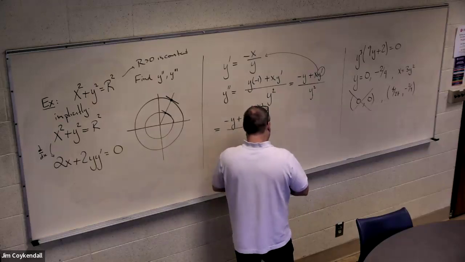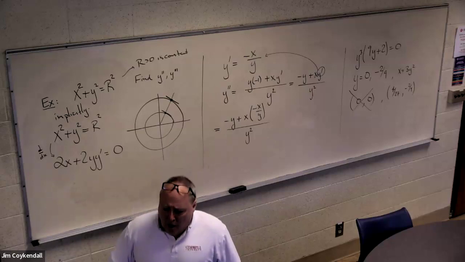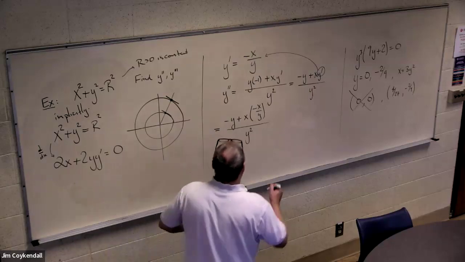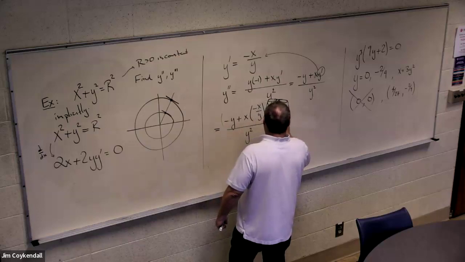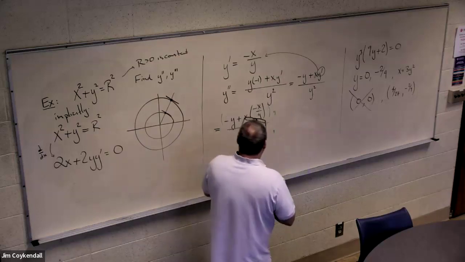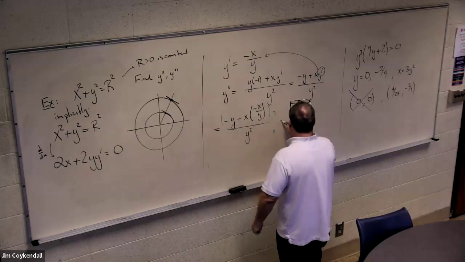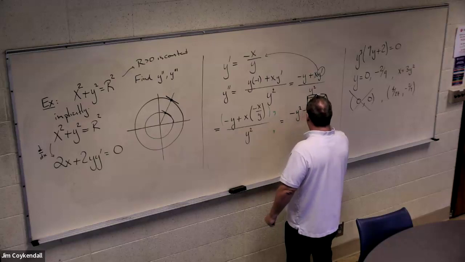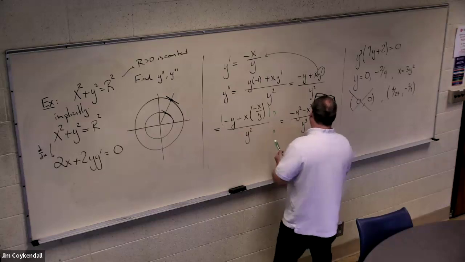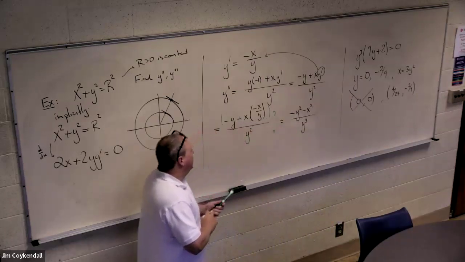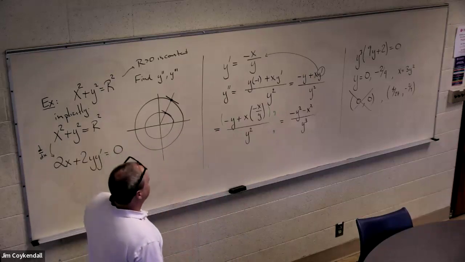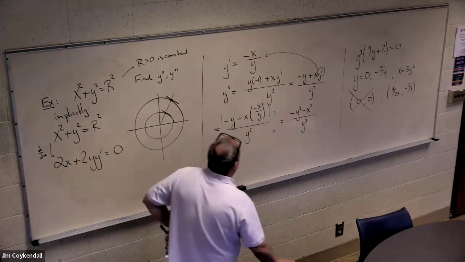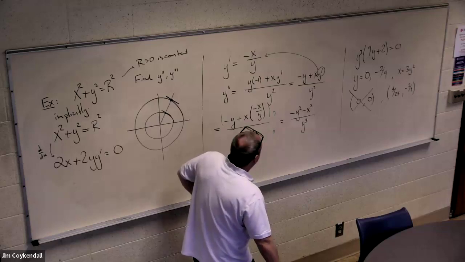I'm going to multiply top and bottom by Y. Minus Y squared minus X squared. And now I've got a formula that's better than it was before, because now there's no Y prime, it's all X and Y.